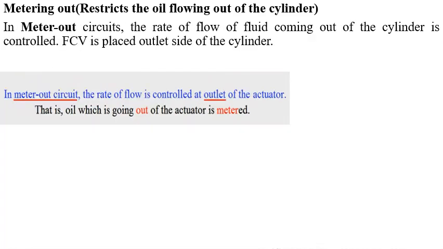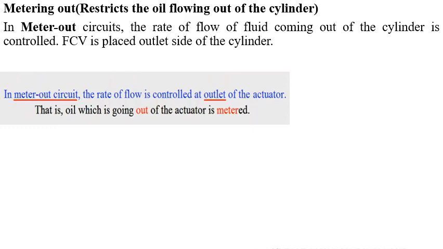Now second is the meter out circuit. Here the meter out circuit restricts the oil flowing out of the cylinder. In meter out circuits, the rate of flow of fluid coming out of the cylinder is controlled by using a flow control valve.